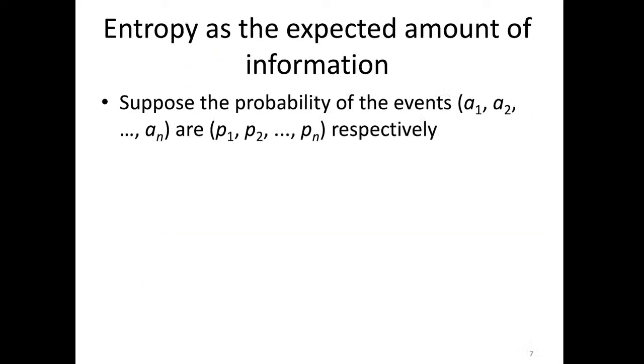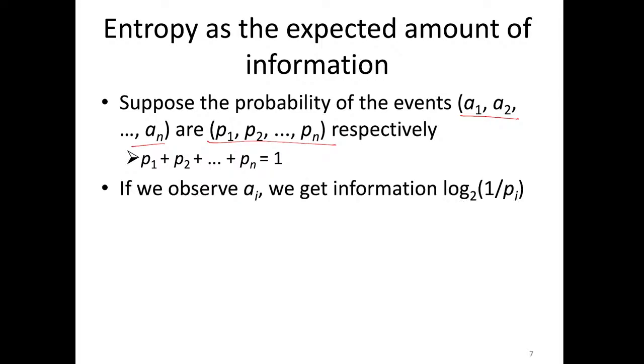Okay, so finally let's talk about what entropy is. I just told you how to measure information, and entropy is an expected amount of information. So if we have n events, a1 to an, and their probabilities are p1 to pn respectively, of course the summation of pi has to be 1.